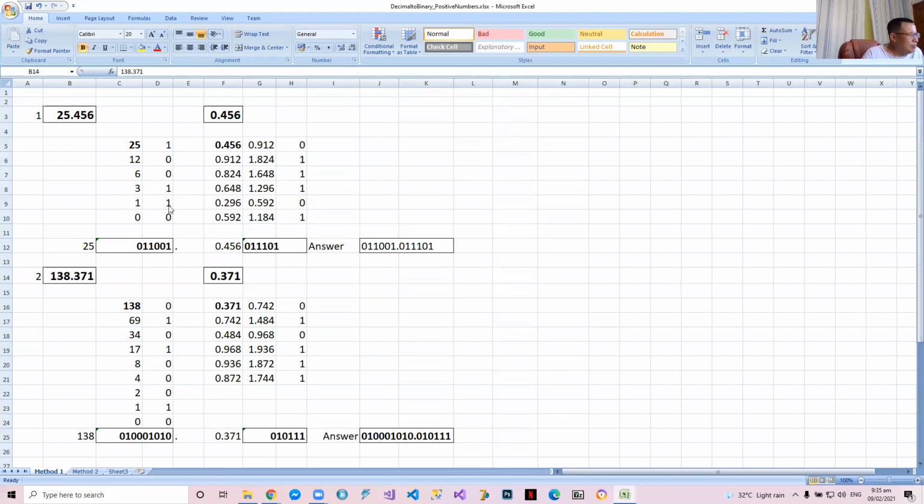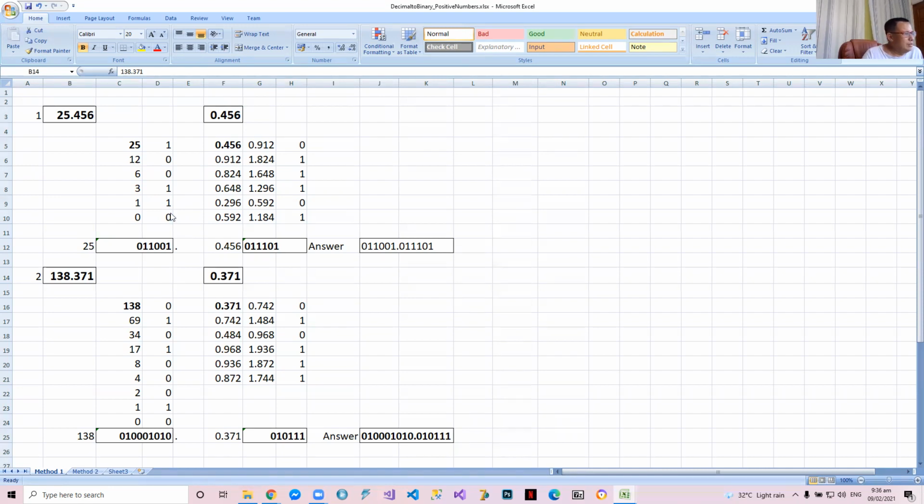Since there is nothing left, we stop here, and we will remove this last. So we will have 11001, this one, okay? That's 25. Can we double check that? This is 1, 2, 4, 8. Okay. 8 plus 1 will give us 9. 9 plus 16 gives us 25. Okay.